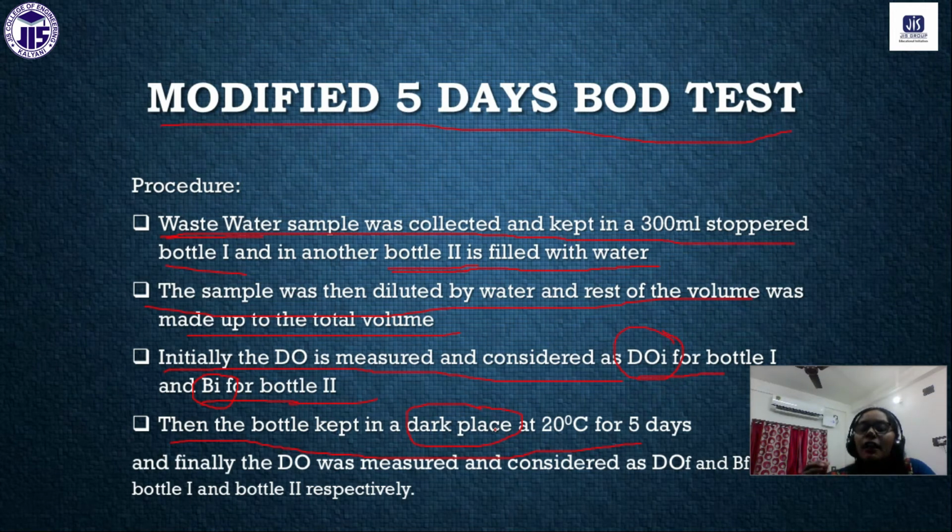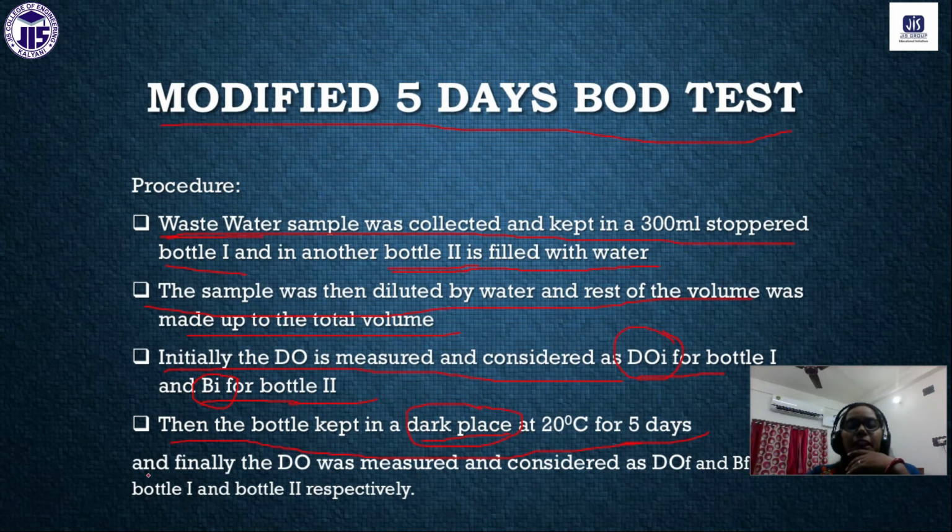Photosensitive means in the presence of sunlight, there may be generation of free radicals in the reagent bottle which can interfere with the BOD reaction, and thus we cannot get the actual value of the BOD of the wastewater sample. That is why we have to keep the bottles in a dark place at 20 degrees centigrade for 5 days.